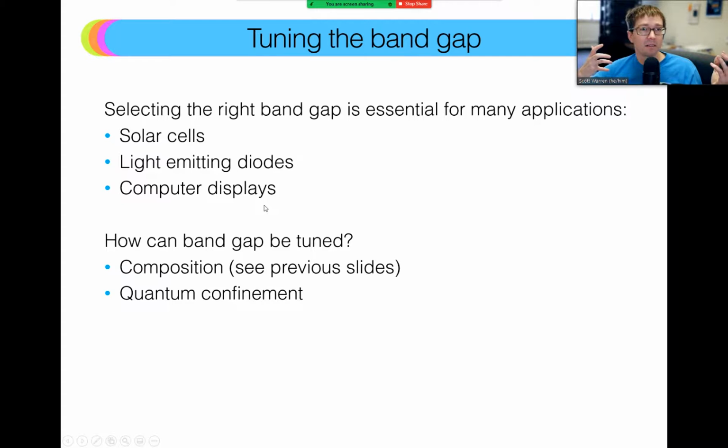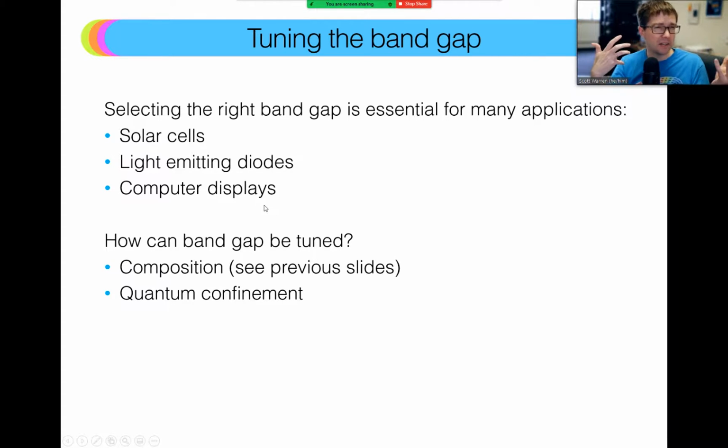We can use this effect called quantum confinement to change the band gap, and that ends up being really important for applications where we want to have a band gap of a very specific size, such as in a solar cell. We would want the band gap large enough so that that excited electron has a lot of energy to do work, but we would want the band gap small enough so that we can absorb many wavelengths of light.